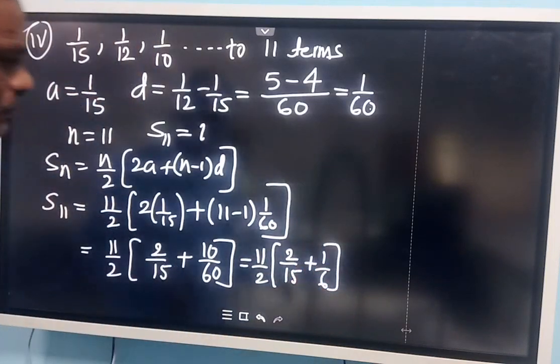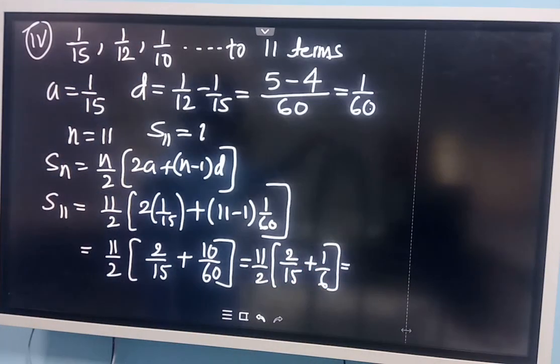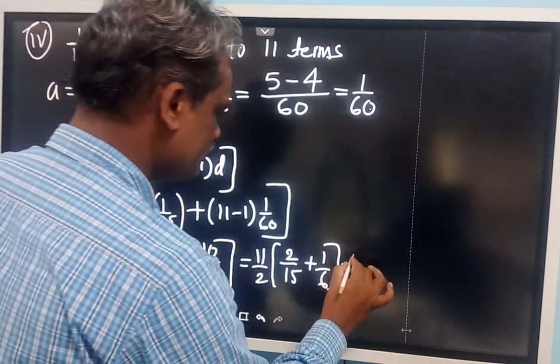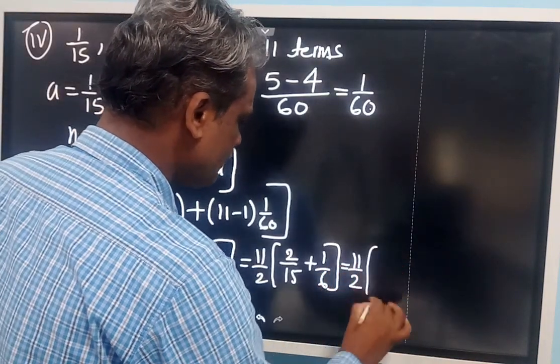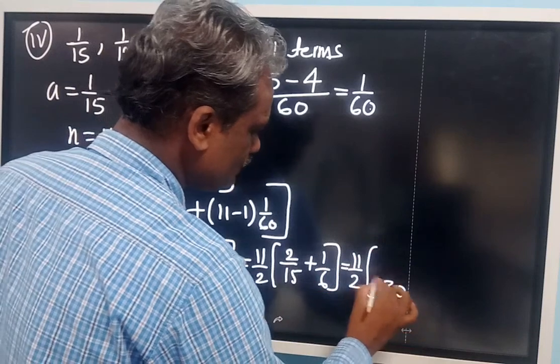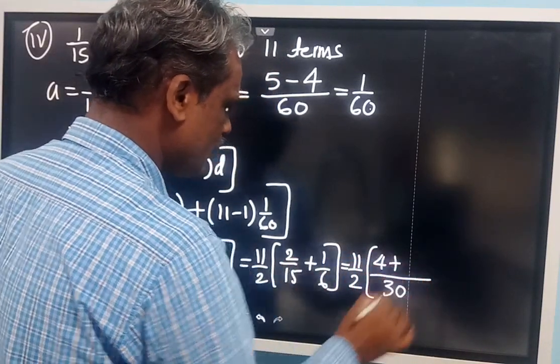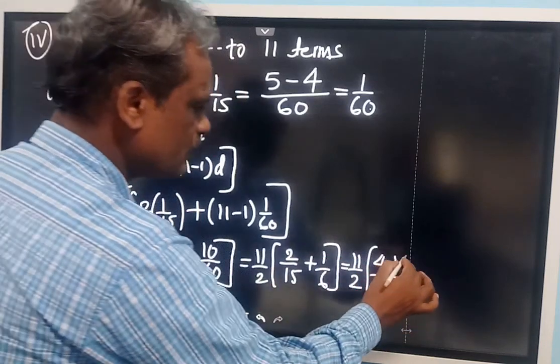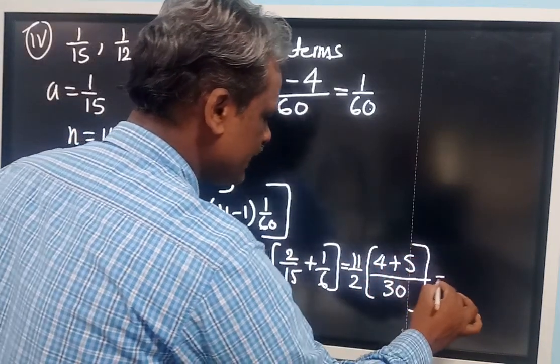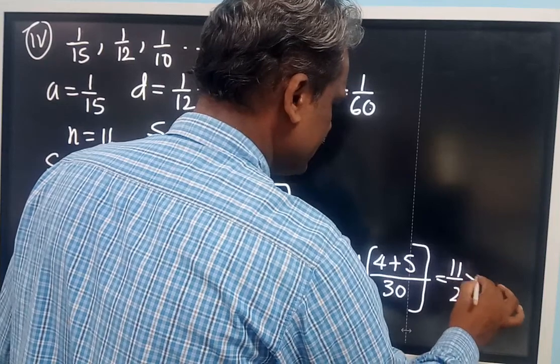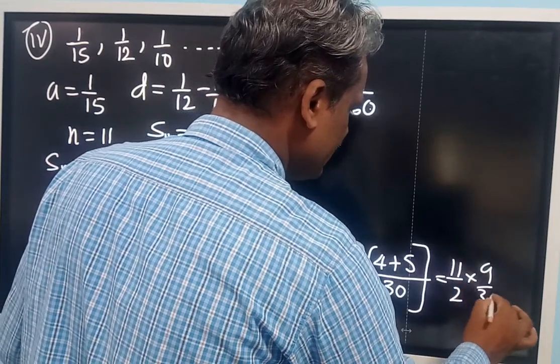Now we simplify this: 11 by 2 into 2 by 15 plus 1 by 6. We have to simplify by taking the LCM again. Inside the bracket the LCM is 30. So 2 times 2 is 4, plus 5 times 1 is 5. You will get 11 by 2 into 9 by 30.